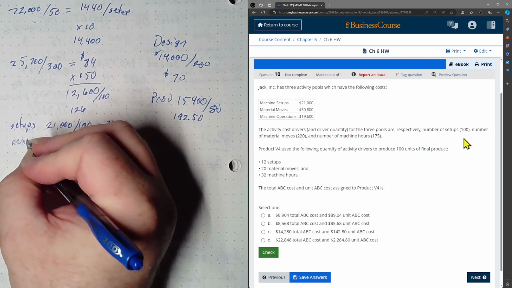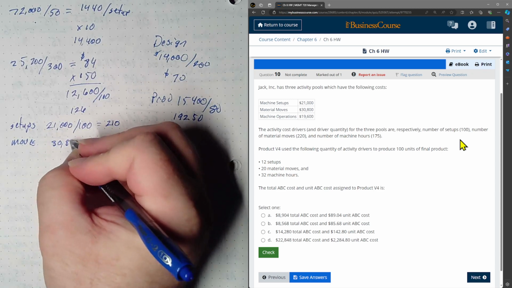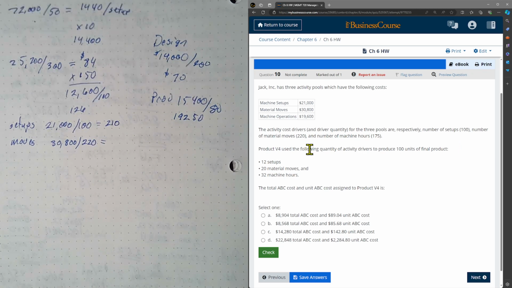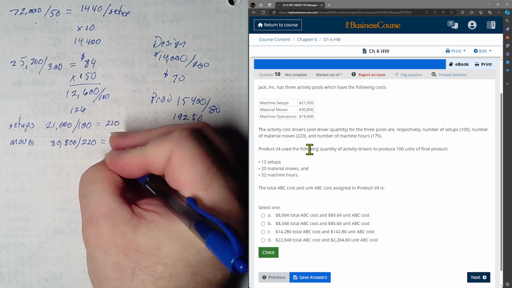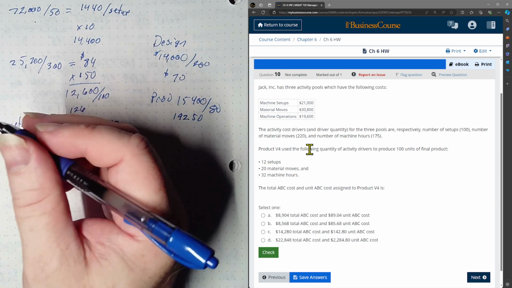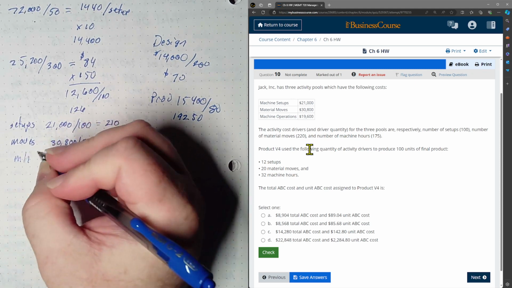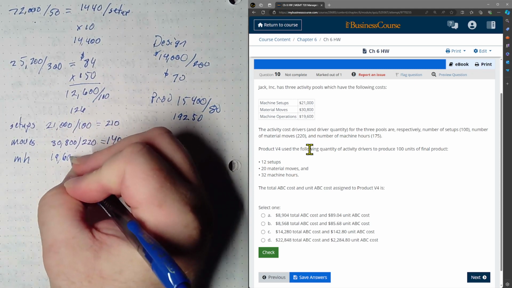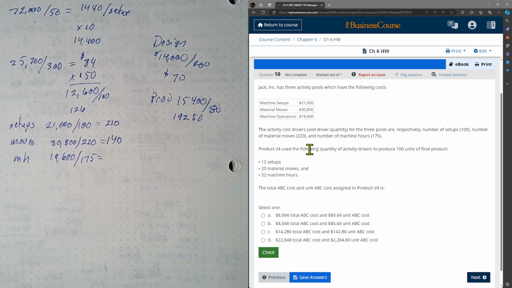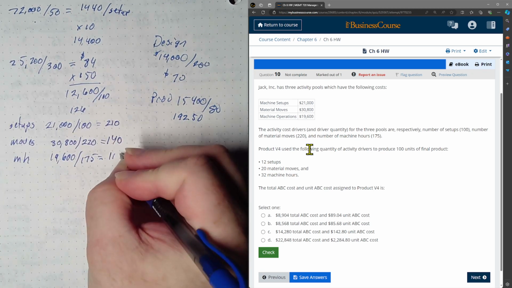Material moves are going to be 30,800 divided by 220 moves, which equals $140. And the last one is going to be machine hours. That's going to be 19,600 divided by 175 machine hours, which equals 112 per machine hour.